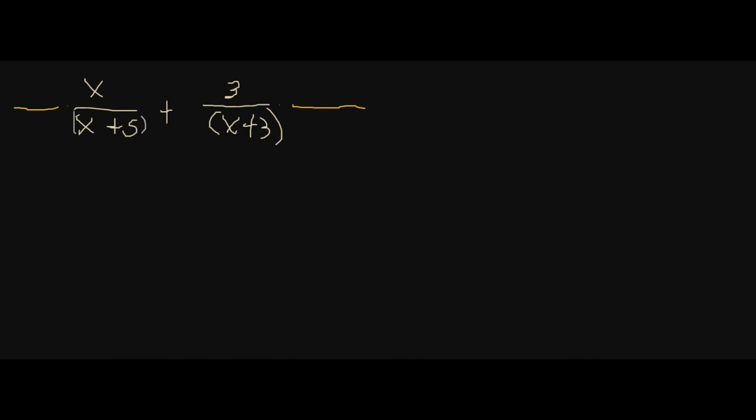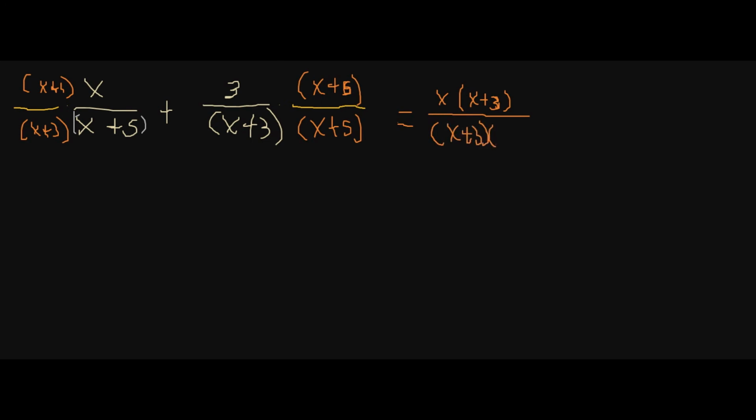Over here, I'm going to have to multiply x plus 5 to both sides, and over here I'll have to multiply x plus 3 to both sides. Therefore, we're going to have x times x plus 3, all divided by x plus 3 times x plus 5, plus 3 times x plus 5, all divided by x plus 3 times x plus 5.